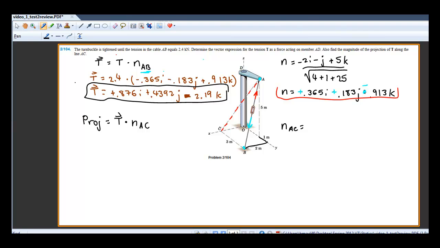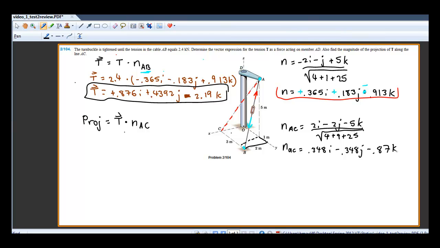It's going from A to C, so the x will be positive. It will be 2i minus 2j minus 5k, all over the square root of 4 plus 4 plus 25. I'll quickly compute that out. Okay, that's what we have for the unit vector from A to C.